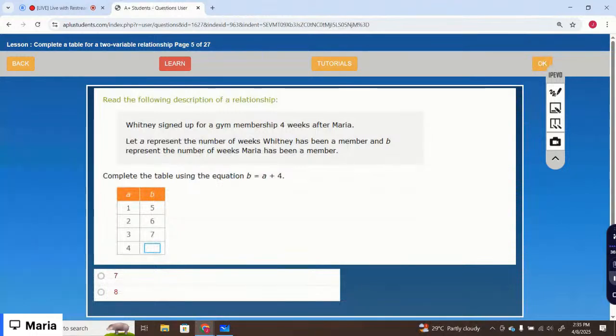So which is the missing value? That is option number 2 is the correct option. 8 it is.